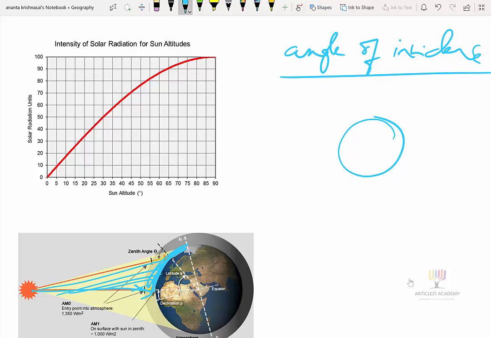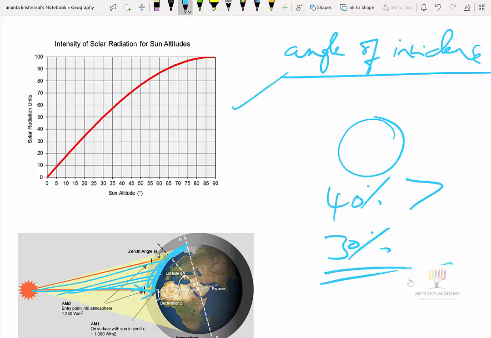The surface area is approximately 40% greater than the area covered by an angle of incidence of 90 degrees. So the lower angle also reduces the intensity of the incoming rays by at least 30%, as the graph clearly shows.